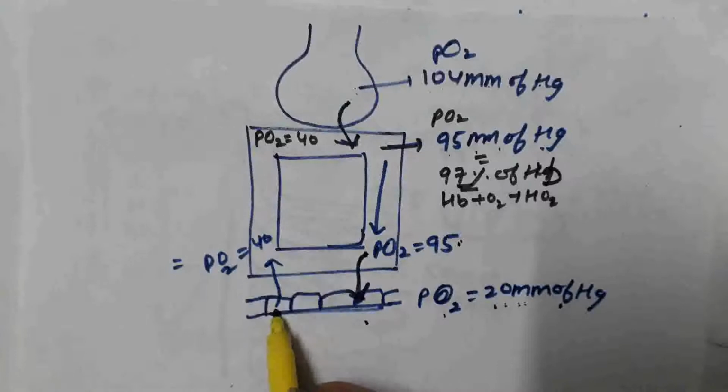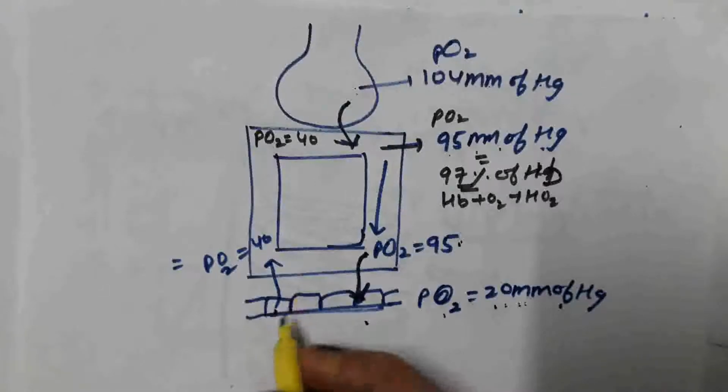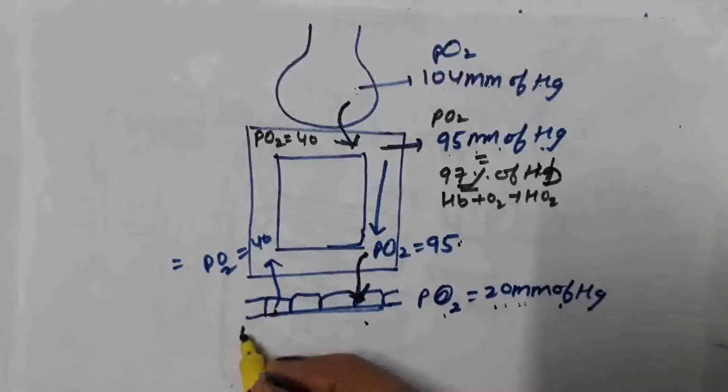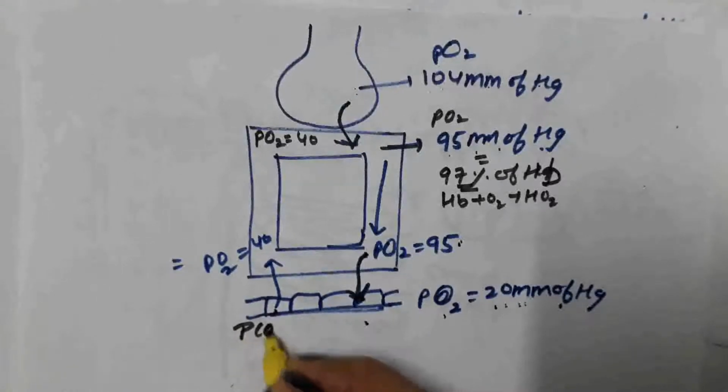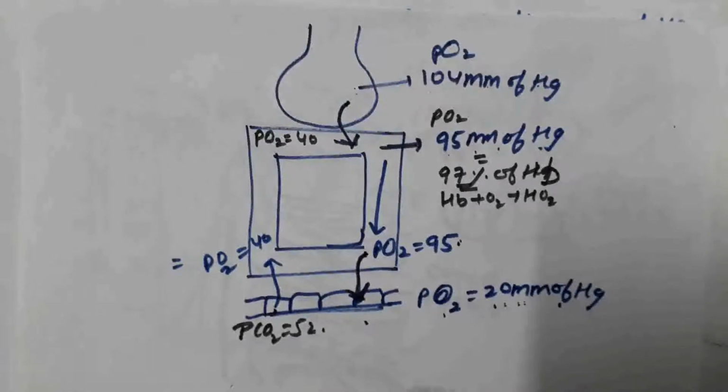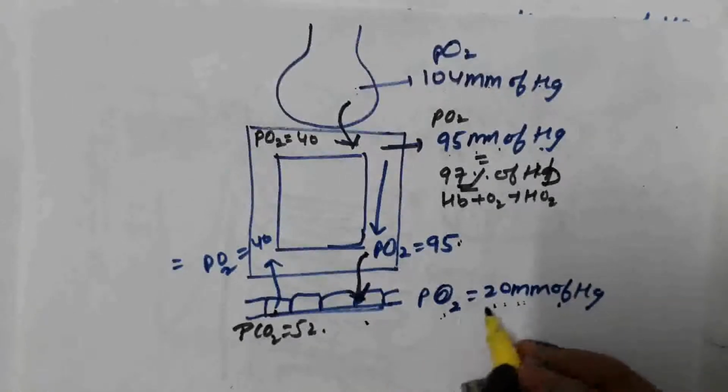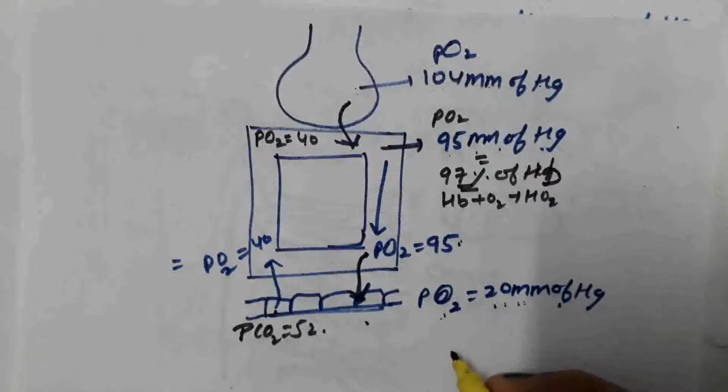From the tissues, the partial pressure of CO2 inside the tissue is equal to 52 mm of mercury and the partial pressure of oxygen is 20 mm of mercury at the tissue level.